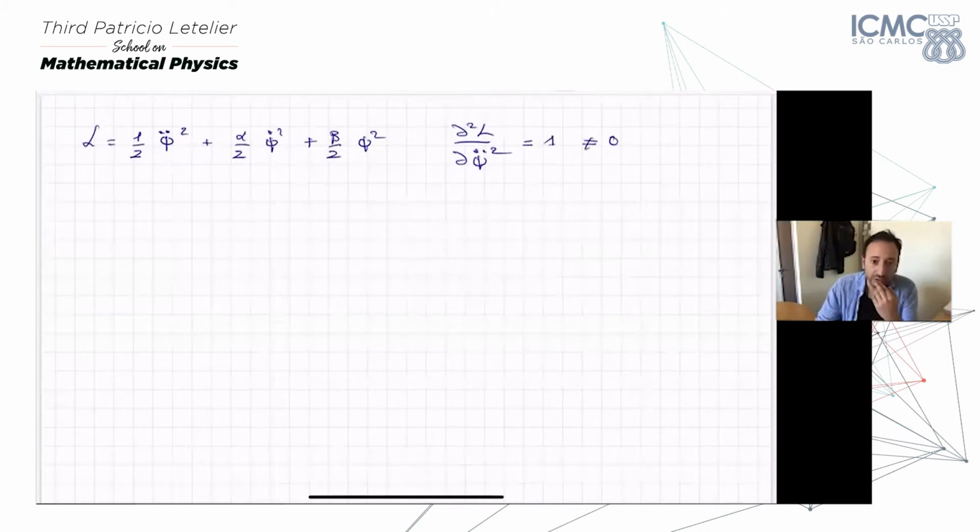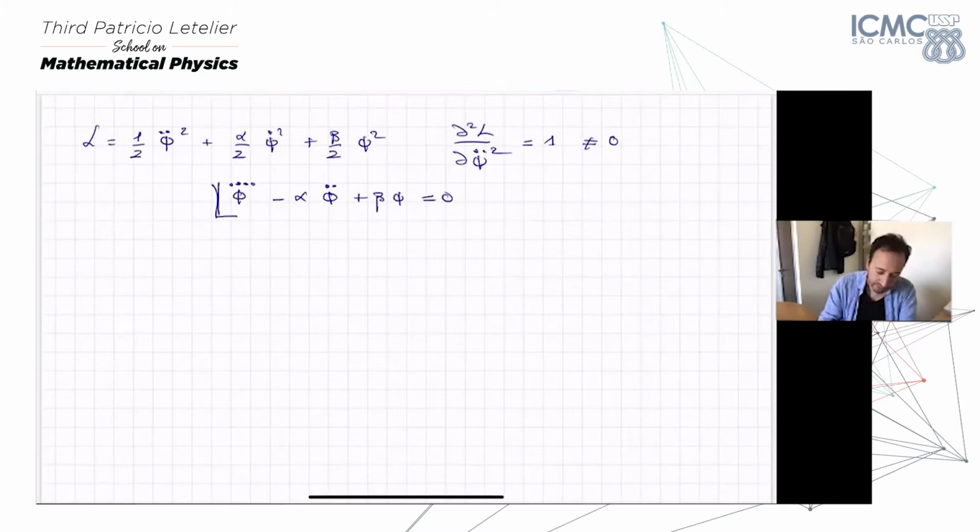So it's a non-degenerate Lagrangian. If we calculate the variation of that, we get the equation of motion, which is 4th order. I'm not going to do the Hamiltonian analysis, but we have 2 degrees of freedom, and this equation of motion is 4th order.